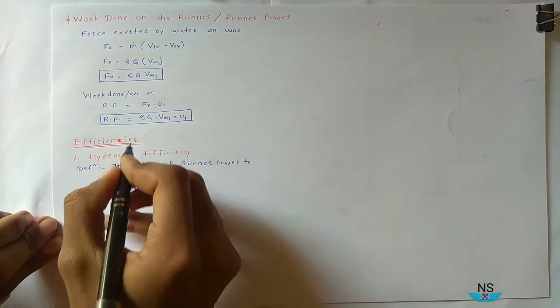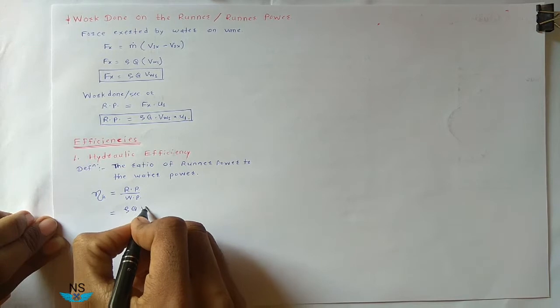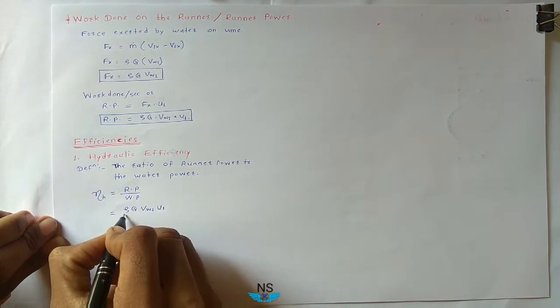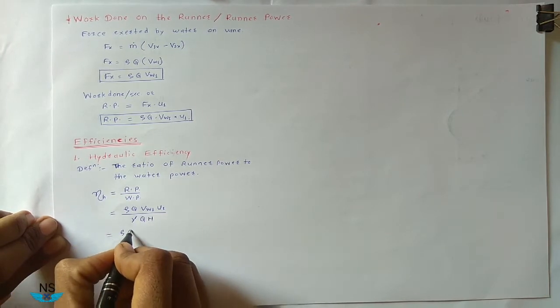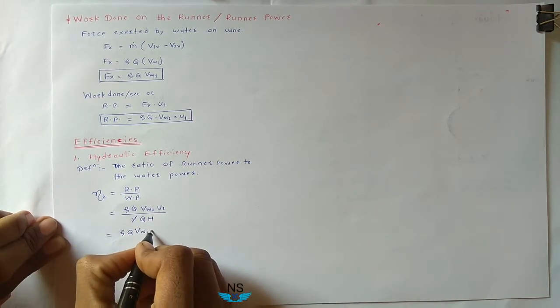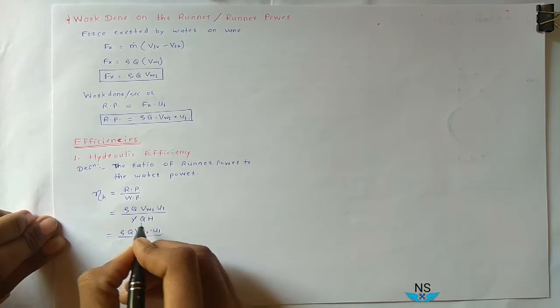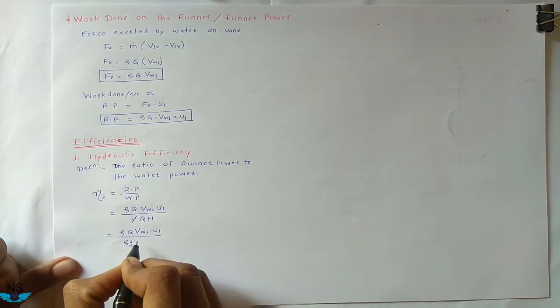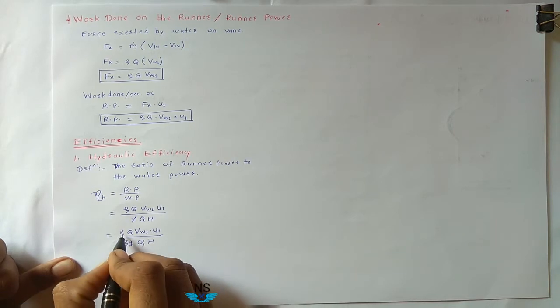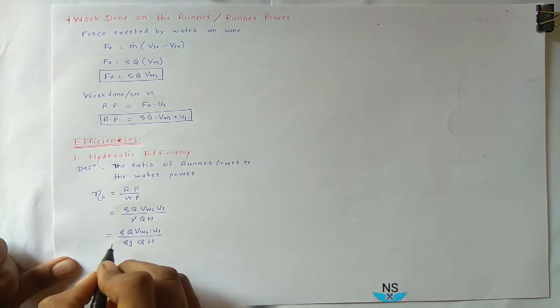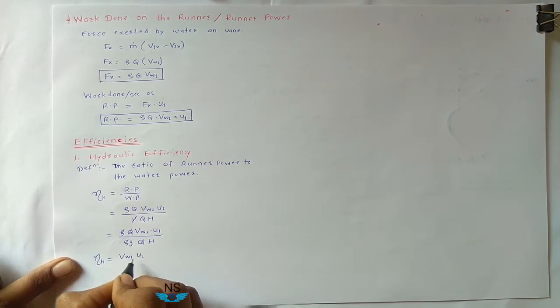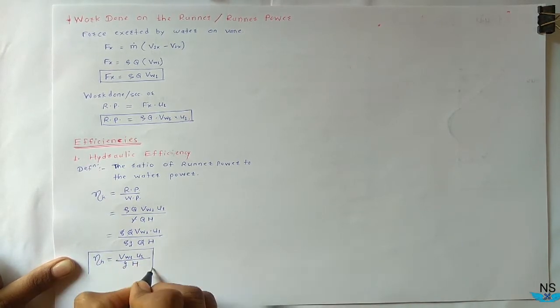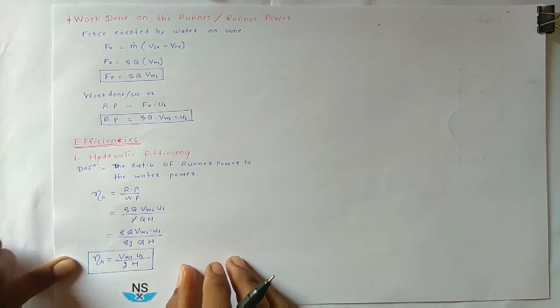We know runner power is rho Q Vw1 into u1, divided by water power, which is gamma QH. Gamma is equal to rho into g, so rho g Q H. Rho cancels, Q cancels. So hydraulic efficiency is equal to Vw1 u1 divided by g into H. This is the formula for hydraulic efficiency of the Francis turbine.